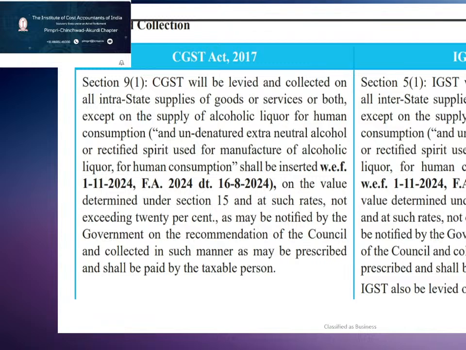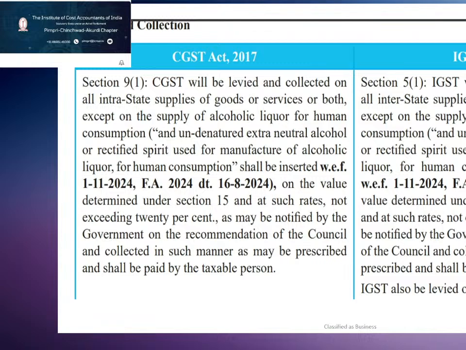So even the activity without consideration is also a supply, and in schedule 2 we have seen how to identify whether a transaction is to be treated as a supply of goods or supply of services. And schedule 3 is about the transactions that are neither supply of goods nor supply of services. We have also seen the introduction of GST, like the difference between direct and indirect tax, and the benefits of indirect tax. So a few theory parts we have seen.